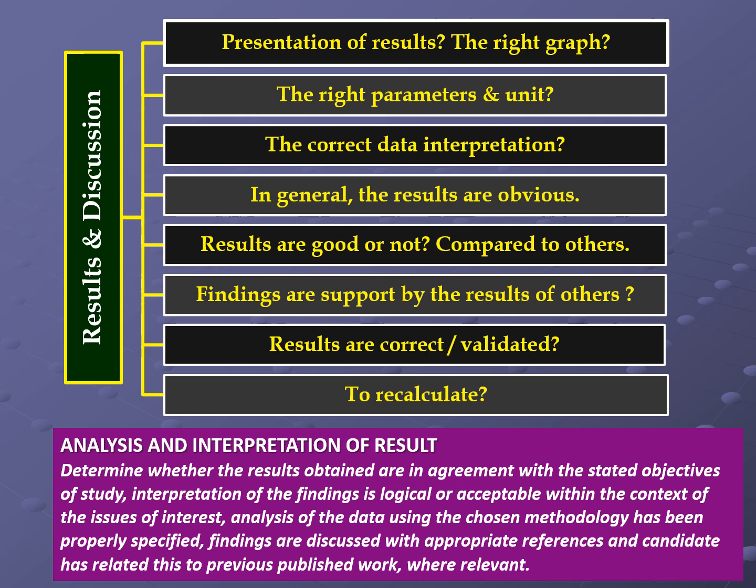In general, the results are obvious. So the sentences explaining the result are the obvious things you can see on the graph. Now whether the results are good or not, we compare to others. So these are actually the findings. Are your findings supported by the results of others? Do you do results validation?